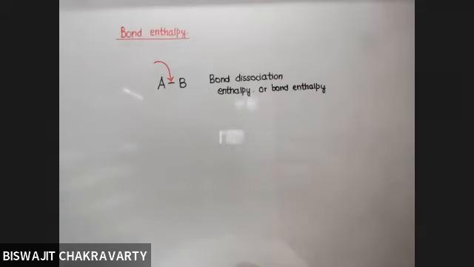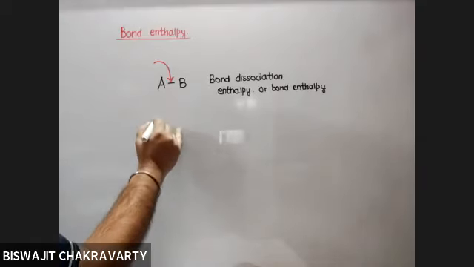For a diatomic molecule, which comprises only one type of bond, if you take 1 mole of such bond, then whatever energy needs to be provided so as to break this into the constituent atoms will be called bond dissociation enthalpy, or also called bond enthalpy.